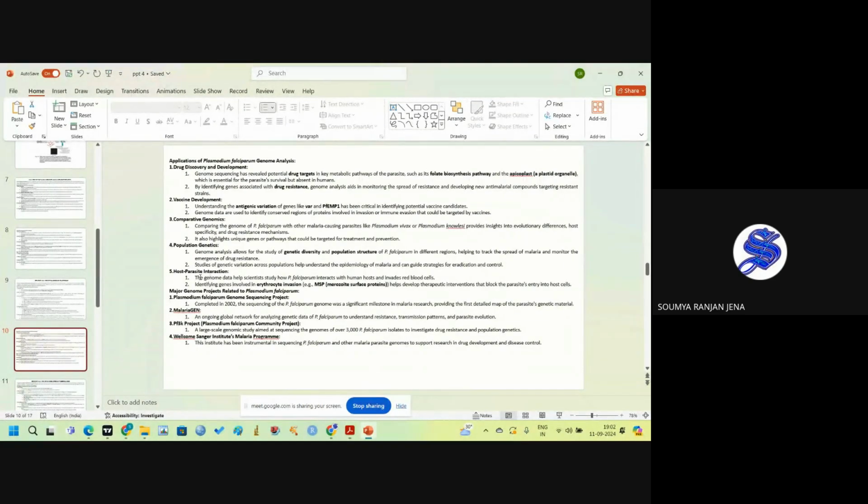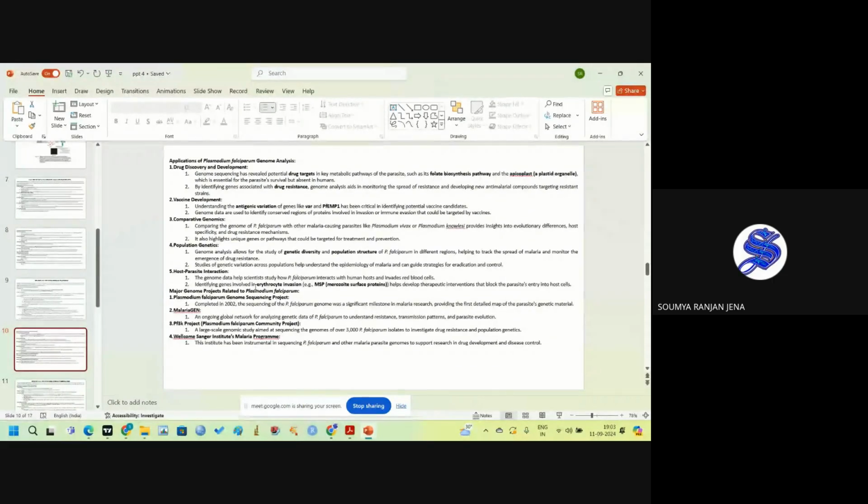And we also study host-parasite interaction analysis through this genome study. This host-parasite interaction study is with the human host, with infected blood cells, because they infect the red blood cells and cause an anemic condition, and the patient may die due to lower uptake of oxygen molecules.